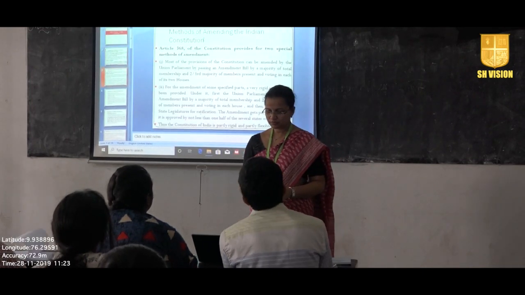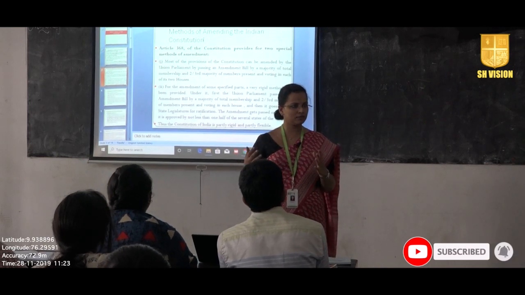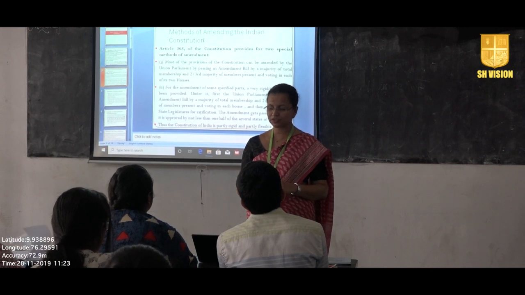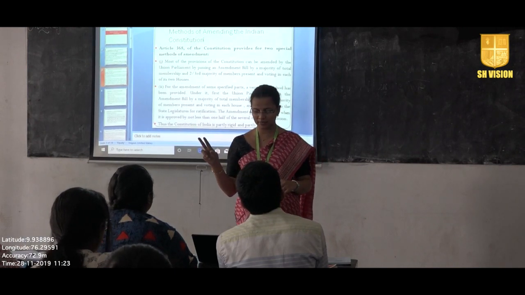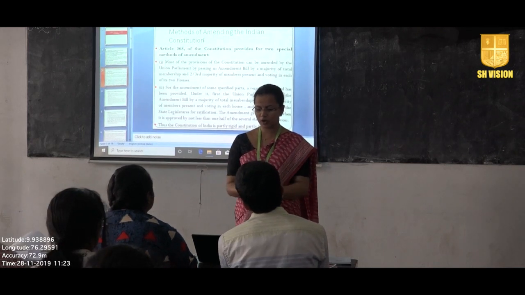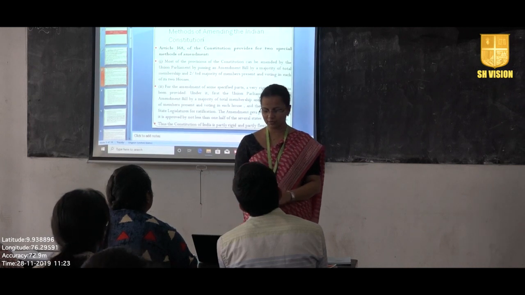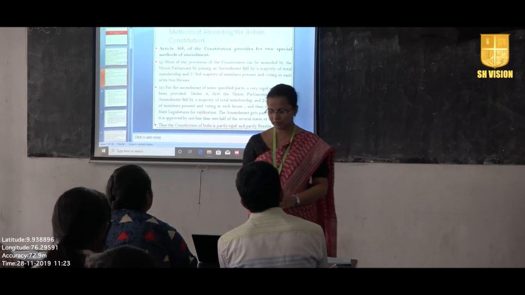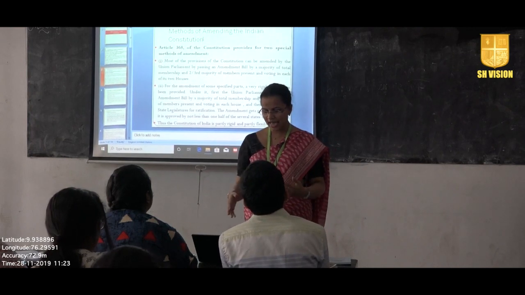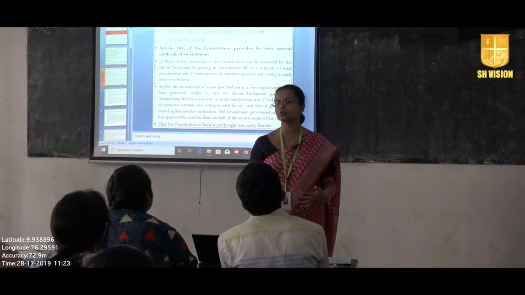Next up, let's look into this amendment procedure a little bit in detail. Article 368 of the Constitution provides for two special methods of amendments. First one, that's the simple majority one. Most of the provisions of the Constitution can be amended by the Union Parliament by passing an amendment bill by a majority of total membership, and 2/3 majority of the members present and voting in each of its two houses.